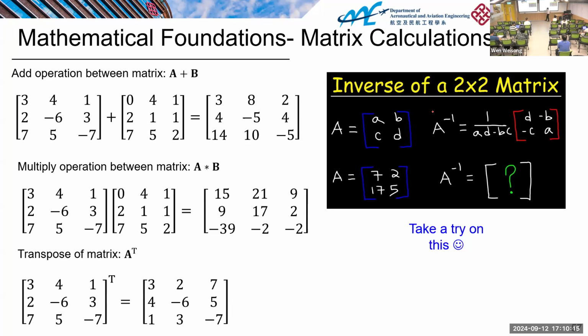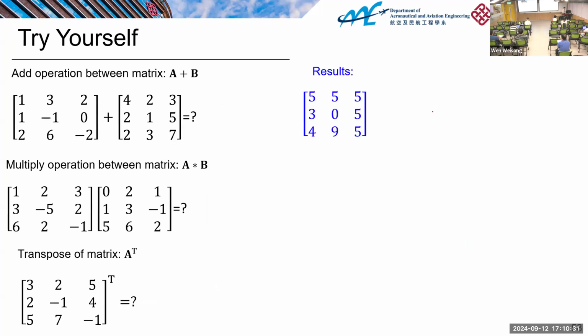For the transpose, it's like flipping the lower triangular part to the upper part. Okay, you get the A transpose. Okay, one minute, take a try. Should be okay, right?